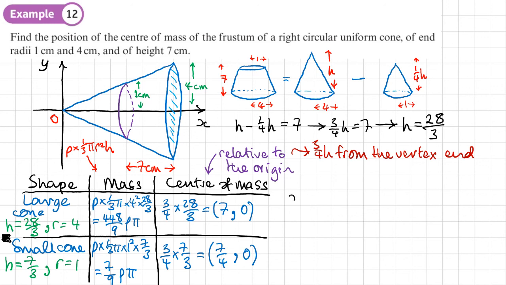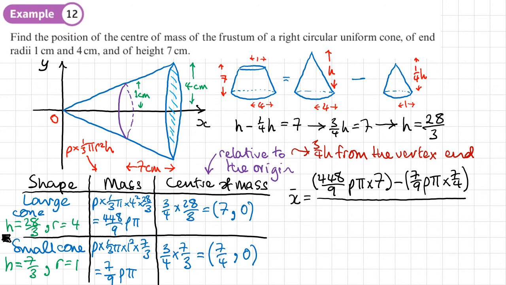So now the centre of mass of the whole thing: the mass times the centre of mass of each part, so 448 over 9 rho pi times its centre of mass, and then we need to subtract the smaller cone, so that's 7 over 9 rho pi times 7 over 4, and then we divide that by the difference between the masses, since basically the small cone's been taken off.